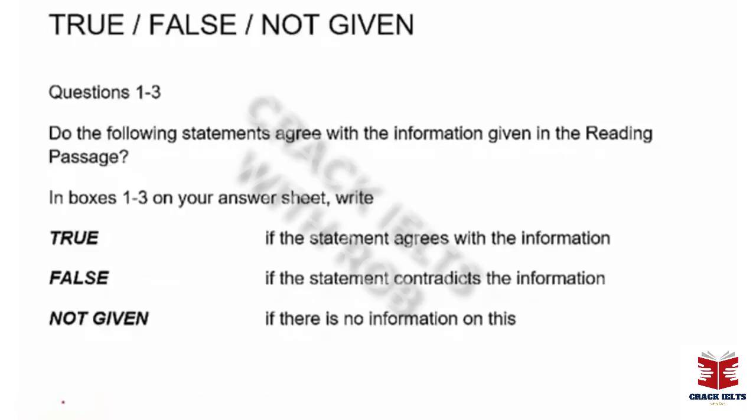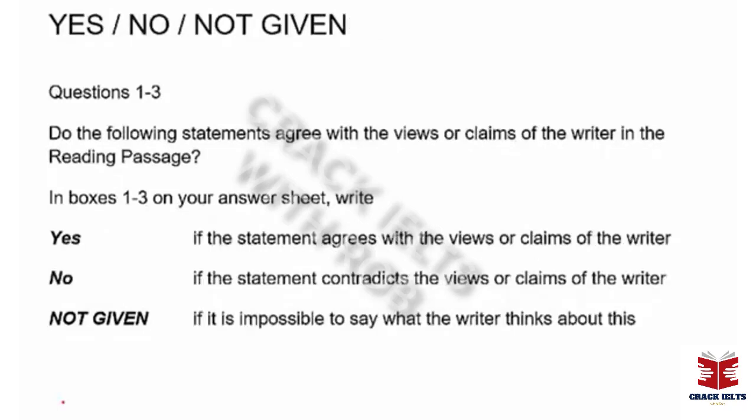Now, with true, false, not given questions, generally IELTS uses these for factual information that you're going to have to look for in the passage. Yes, no, not given is technically more about ideas, so more about the statements or claims that the writer makes. Very often the prompts look very similar to each other. For yes, no, not given, you could have some opinion statements that you would have to search to see whether or not the author would support that claim based on what's said there.